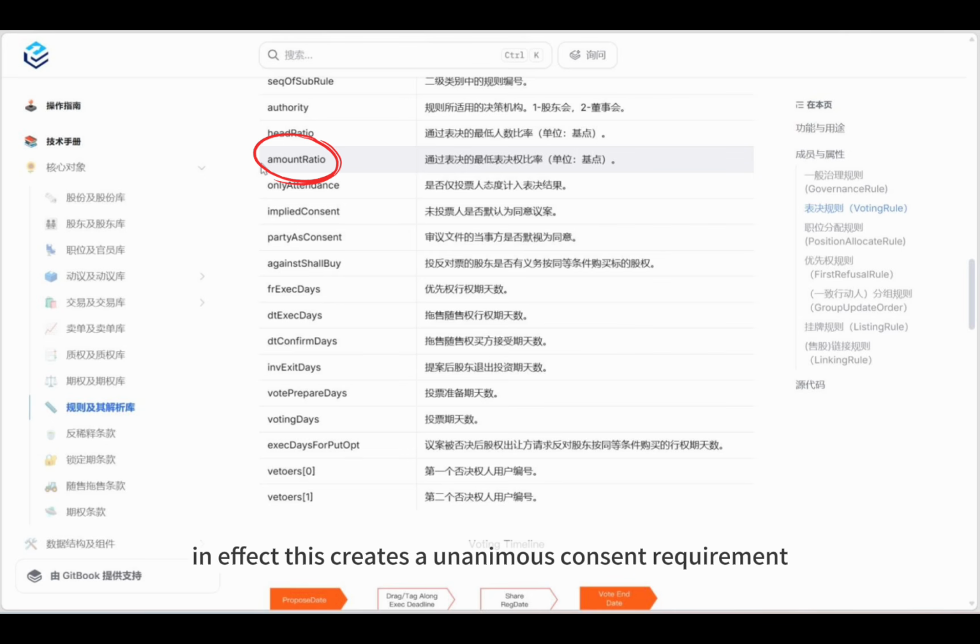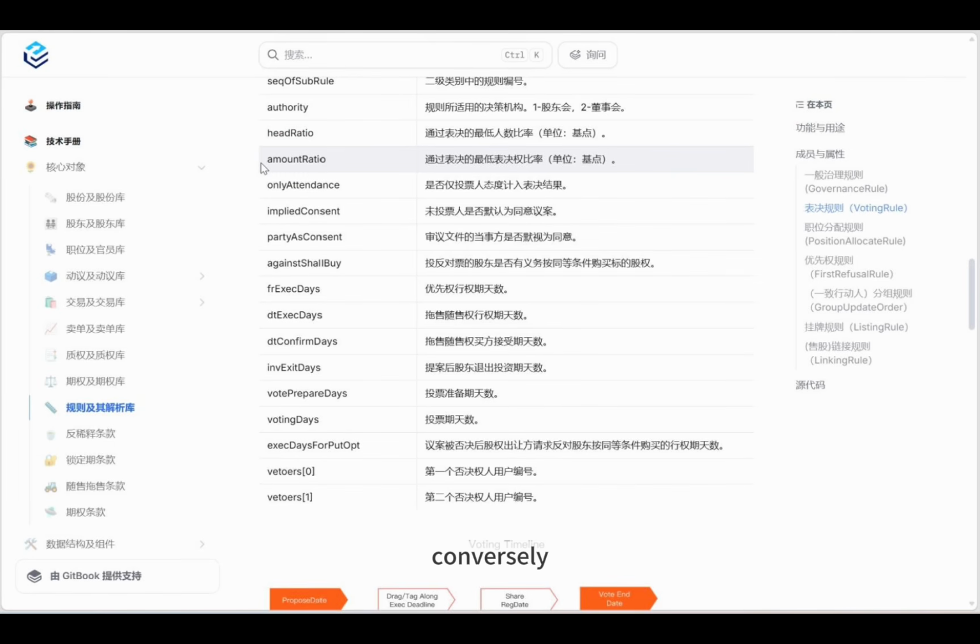In effect, this creates a unanimous consent requirement. The proposal passes only if the investor agrees. That is essentially a veto arrangement. Conversely, if we use the designated user ID method to create a veto right, that means even if an investor holds a very small percentage of shares and voting power, they can still have a 1-vote veto right.